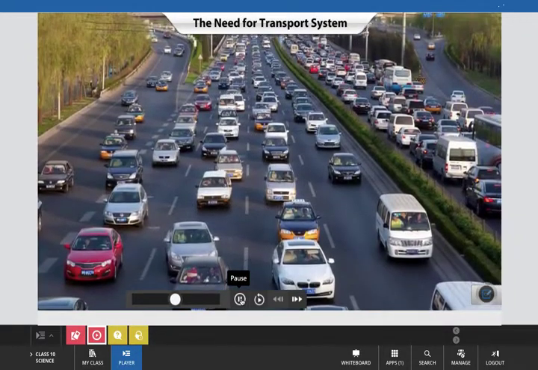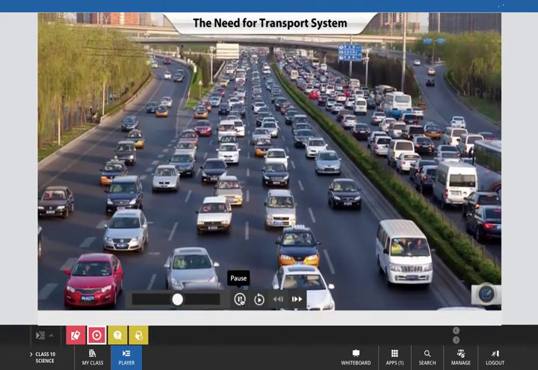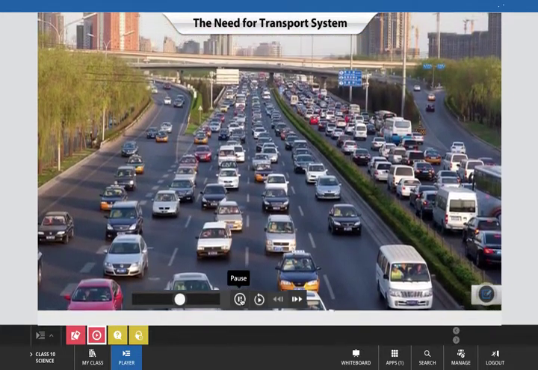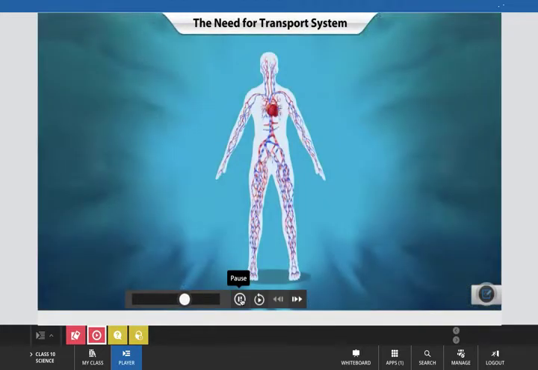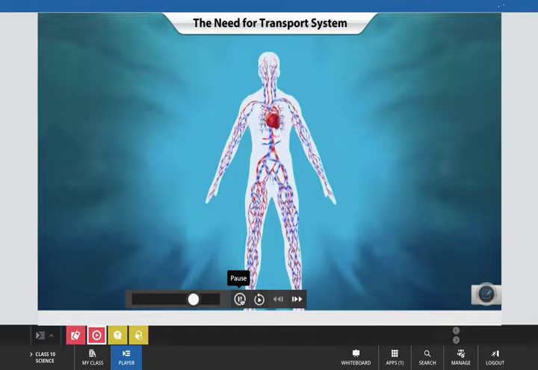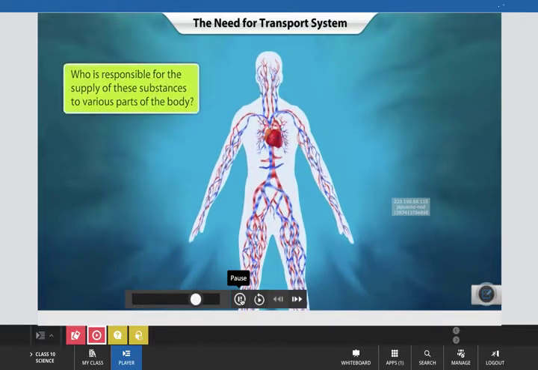Well, just as the city requires a well-developed transport system to help people carry on with their daily activities, our body too needs a system that ensures a continuous supply of essential substances in and out of our body. Ever wondered who is responsible for the supply of these substances to various parts of the body?